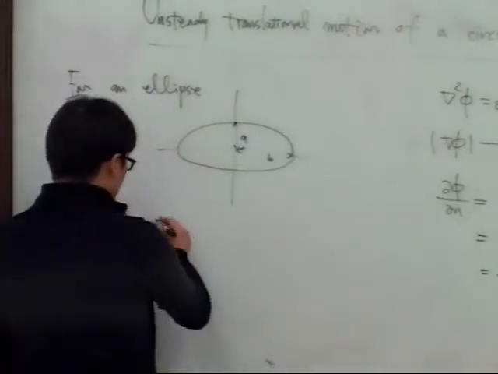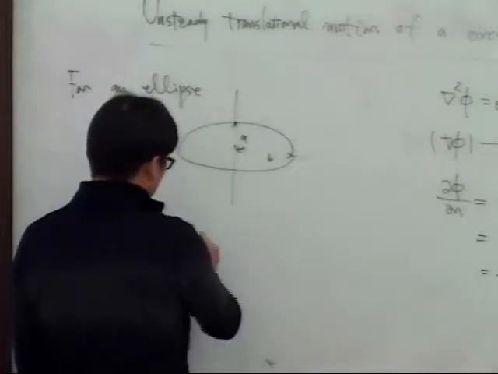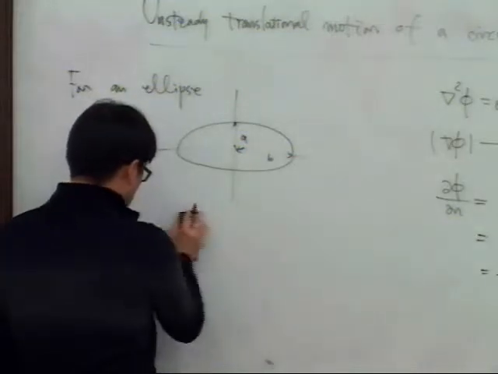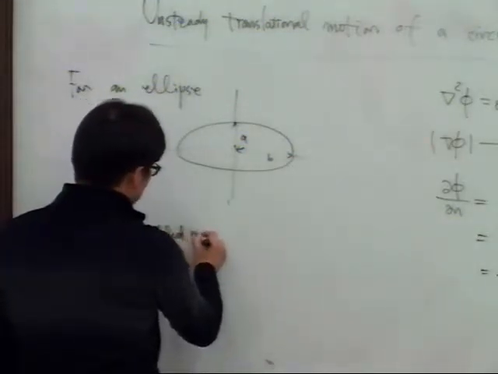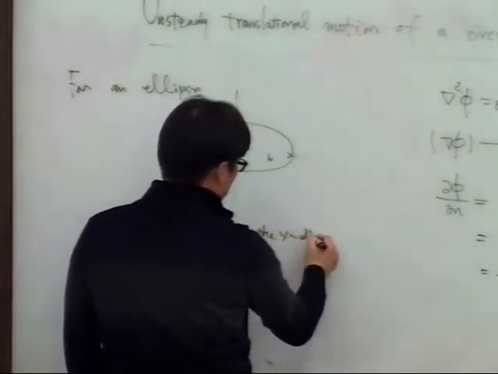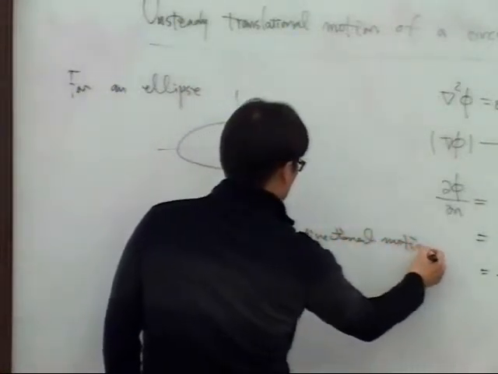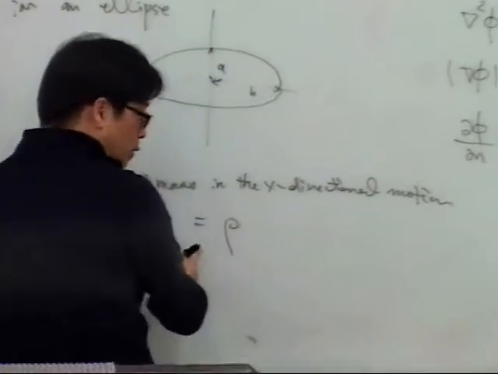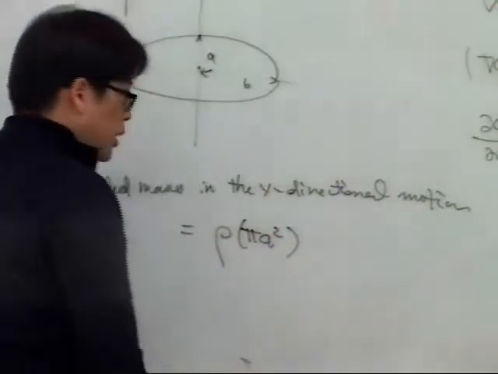In fact, if you compute the eddy mass in the x directional motion, it is rho, once again rho is the density of the fluid, pi a squared.